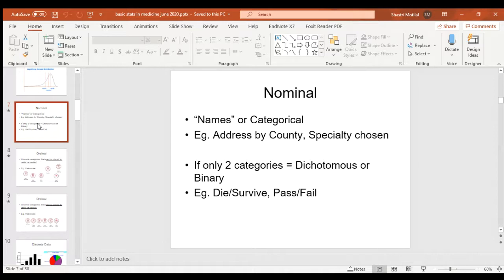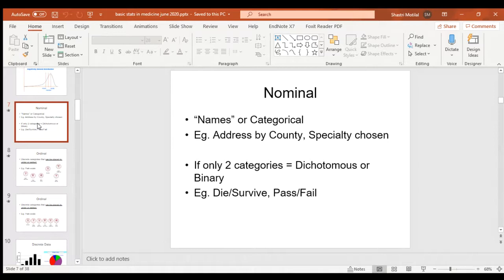So when it's categories, we call it nominal data, right? Or categorical data, you could also say. Now, if it's only 2 possibilities, we call it dichotomous or binary, right? So only 2 possibilities is dichotomous or binary. So you're looking at a study, a randomized controlled trial, I give the person medicine, either the person survives or they die, only 2 possibilities.